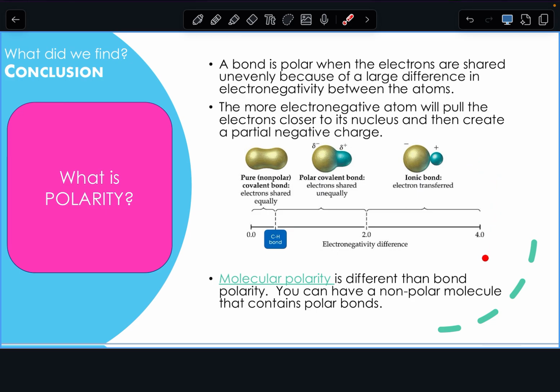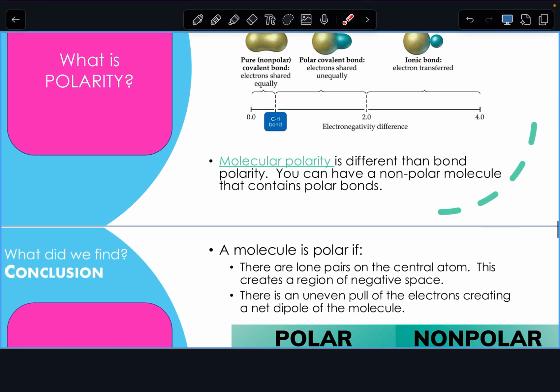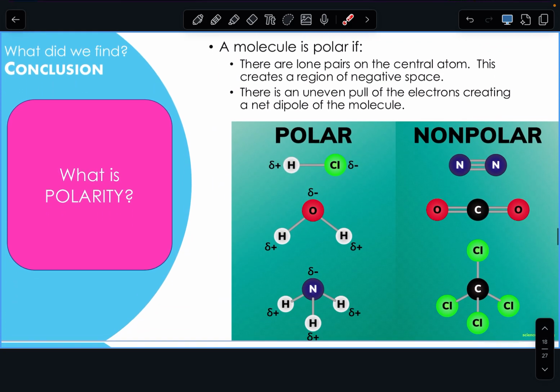But this bond polarity was pretty easy, but then we got into molecular polarity, a little bit different. We found out that a molecule is polar if you have lone pairs on the central atom.